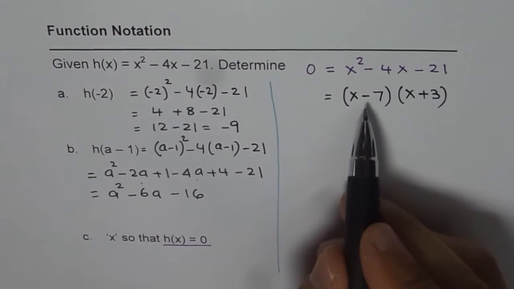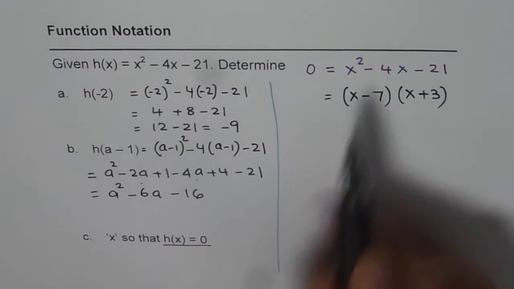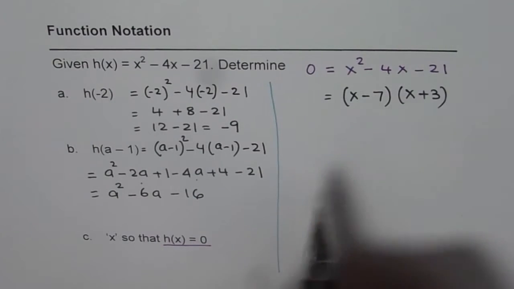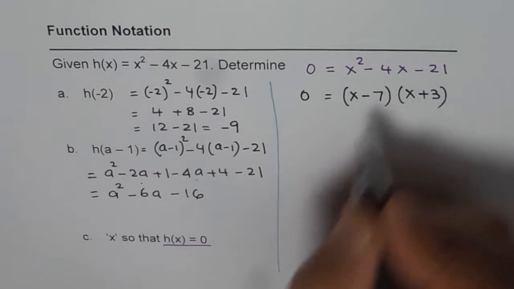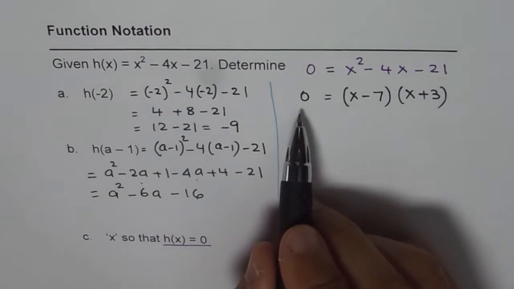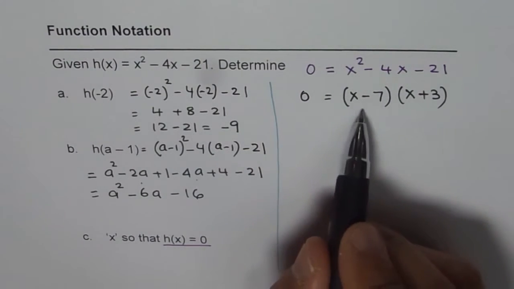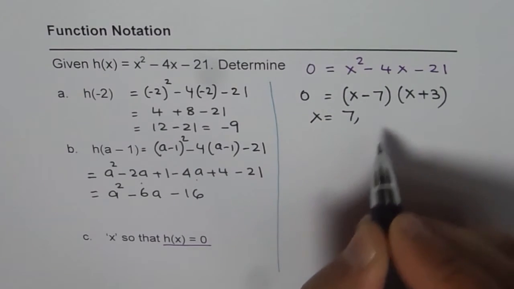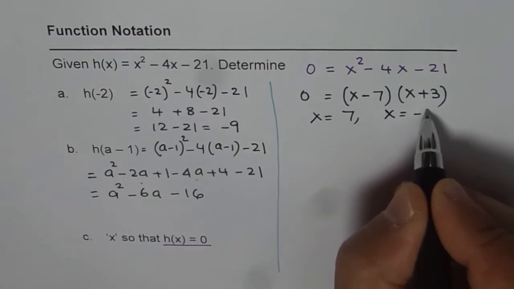Negative 7 plus 3 is minus 4, and when you multiply negative 7 with plus 3, you get negative 21. So that should be equal to 0. That gives us two solutions: x is equal to either 7 or x is equal to minus 3.